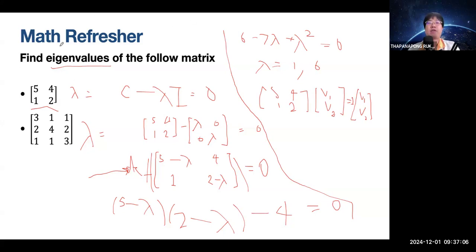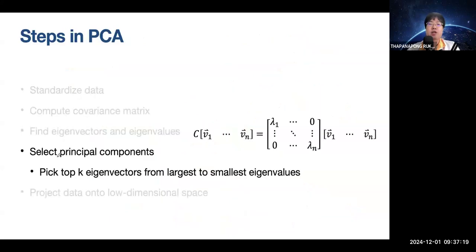And once we have the eigenvalue and eigenvector, we can start transforming our data. So for the principal component, we actually pick the top k eigenvectors. All of these lambda that we find here, we're going to have many lambda. We sort the lambda by its absolute value, and then we pick the top k.